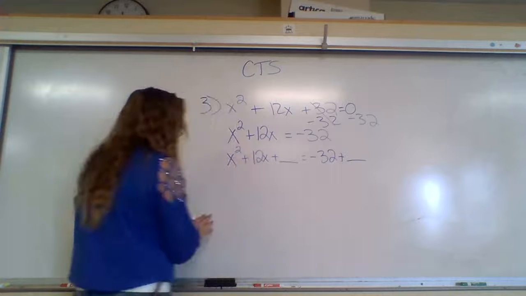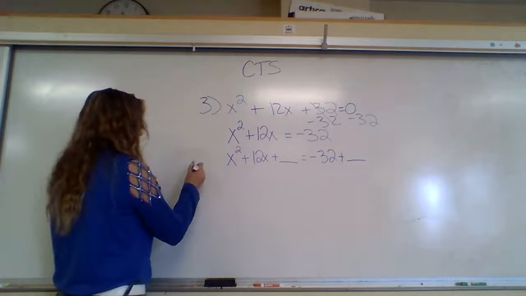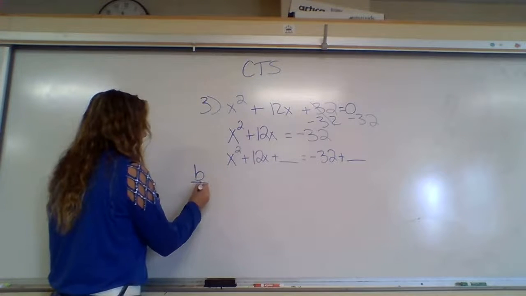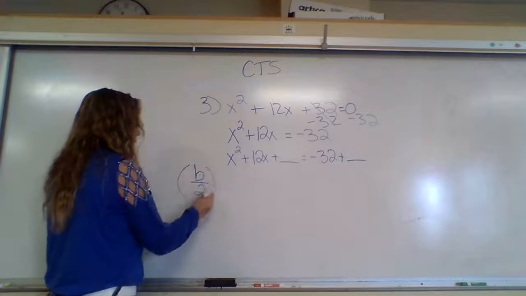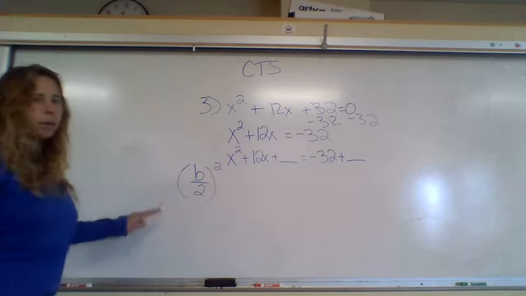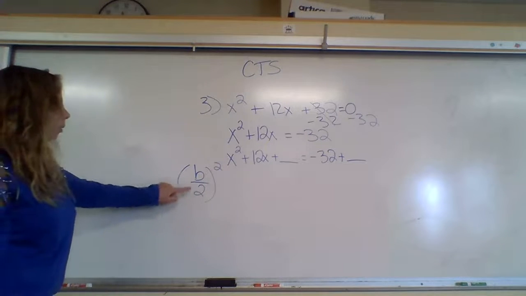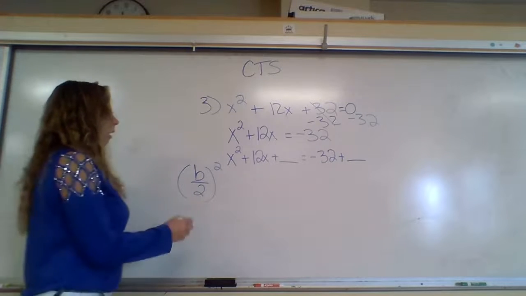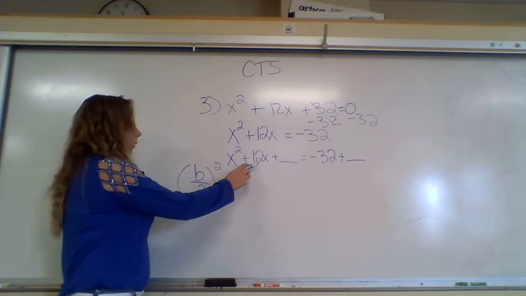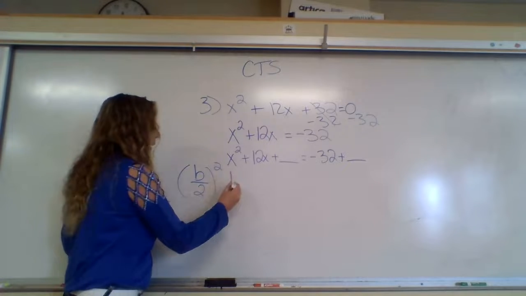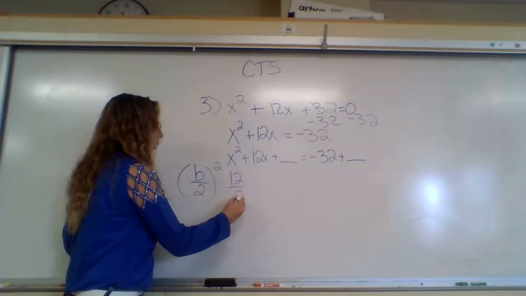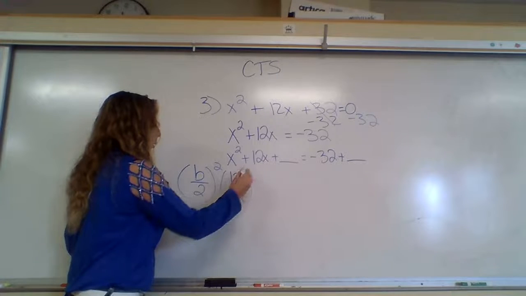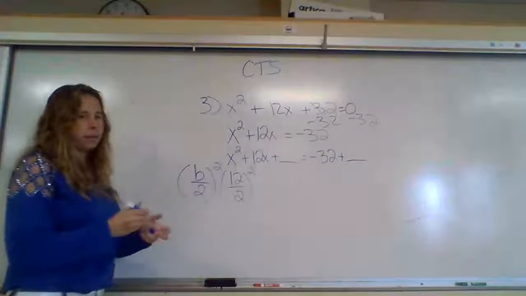To complete the square, it is b over 2 squared. All right, that's your little formula. B over 2 squared to complete the square. So, B is 12. So you take 12 over 2, square it. All right, go ahead and do that.